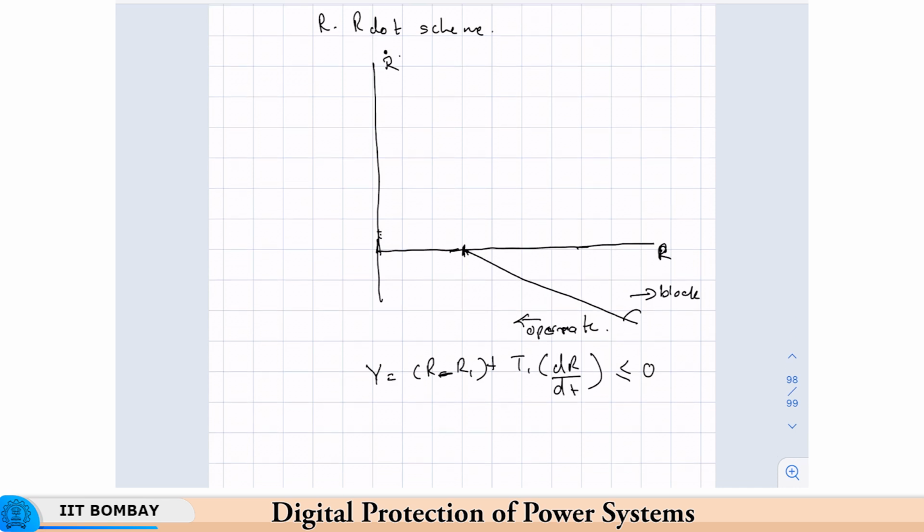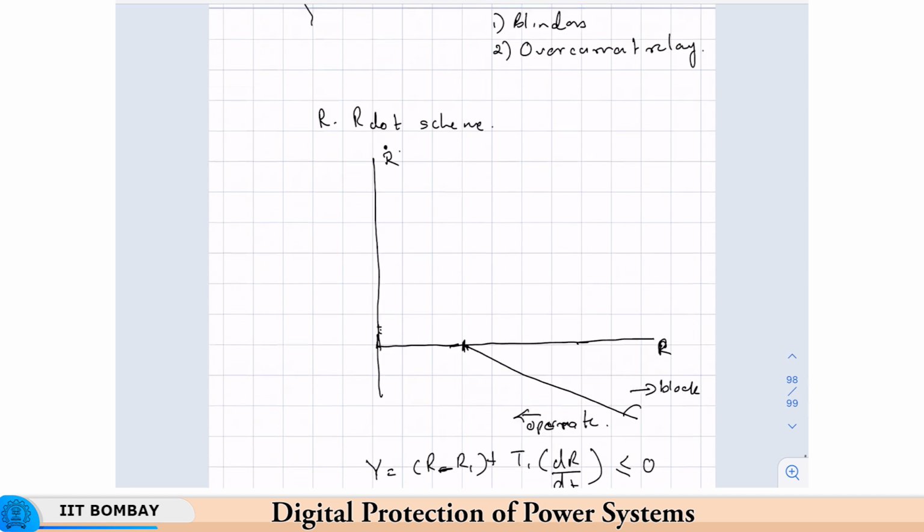Okay. So what happens is if there is a stable swing, you have seen that the impedance reduces. If you see it only in terms of R, it will also reduce, but if it is stable, then it will go back. But if it is an unstable swing, it will reduce very rapidly, and it may or may not go back like this.